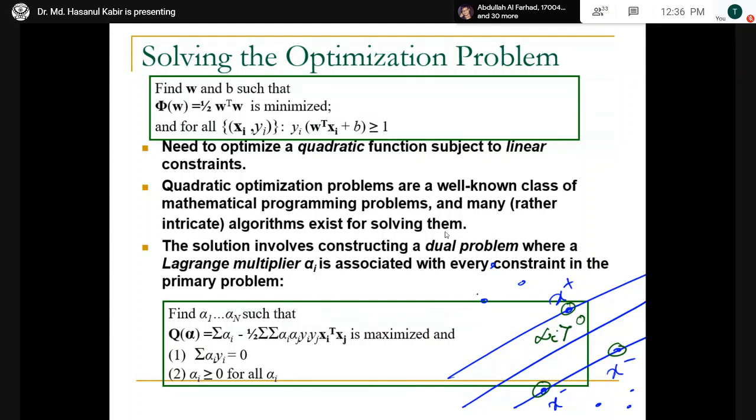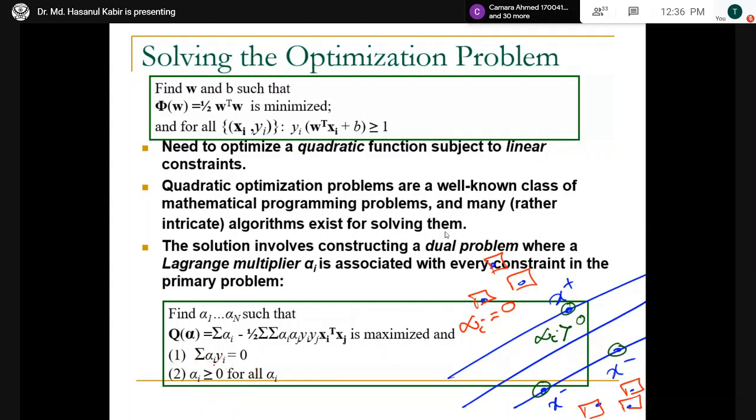And for the non-support vectors, let's say this one, this one, this one, this one, that one, and that one, the lambda value is going to be equal to 0. So that's why the value of the Lagrange multiplier, alpha, is going to be greater than or equal to 0. Is this understood? Okay, yes. This is number one.